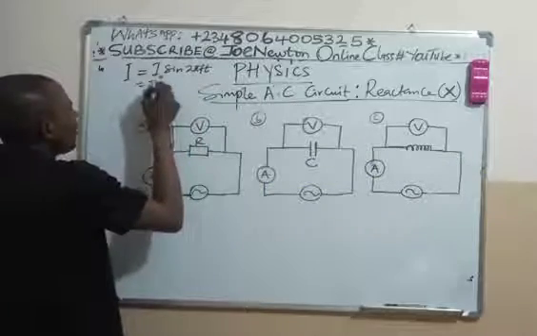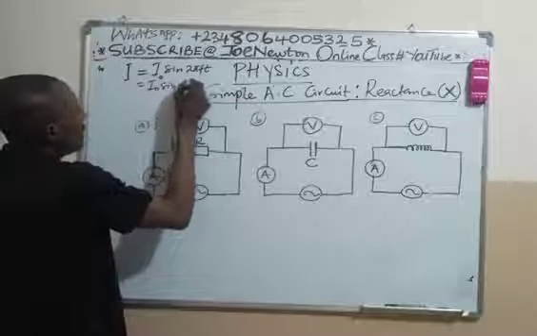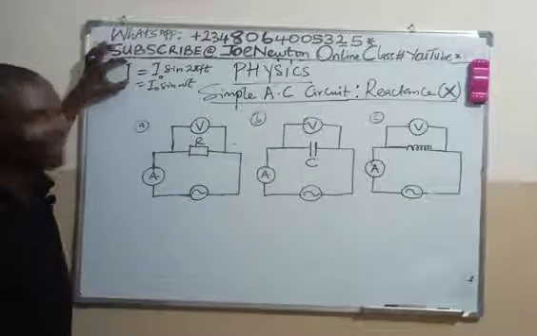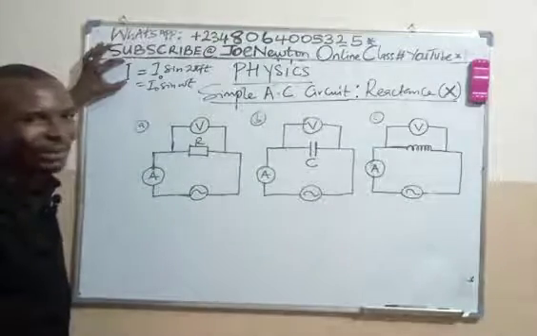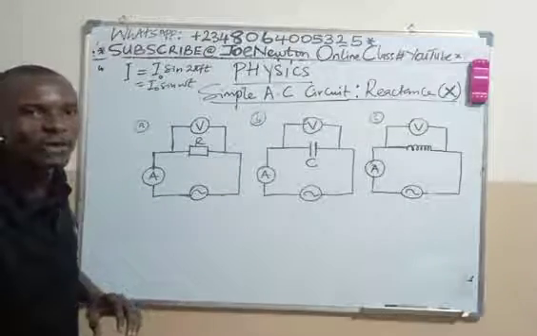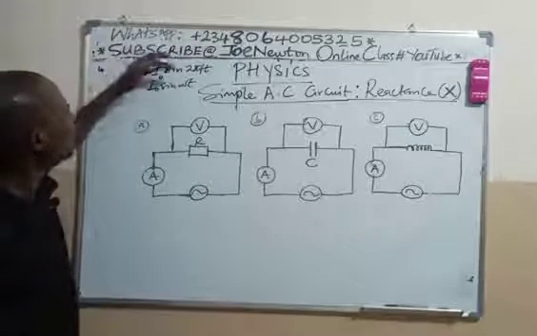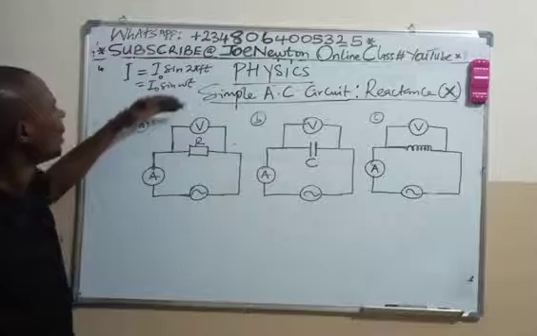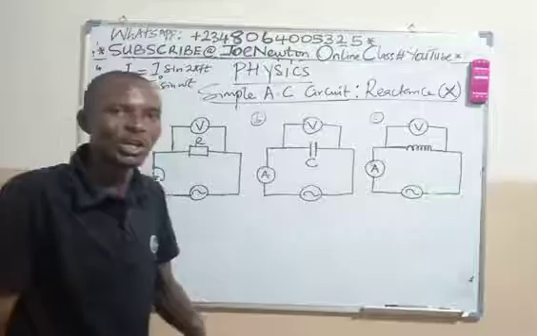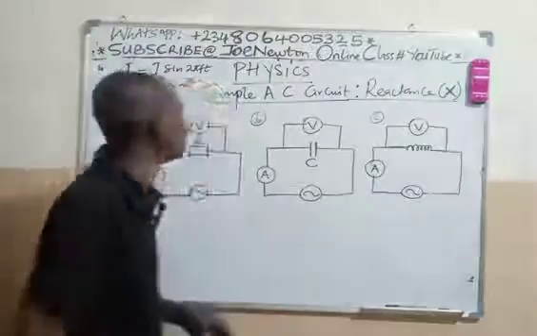So I = I naught sine omega t. Here, I is the instantaneous current at a particular time, while I naught is the peak current, the maximum current value. Then omega t is what we call the phase angle, with which one of the components may lead or lag, depending on the system.